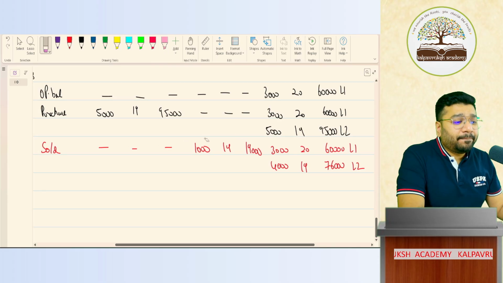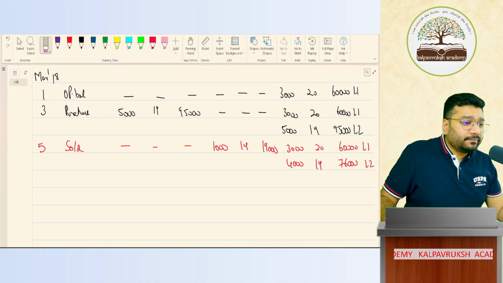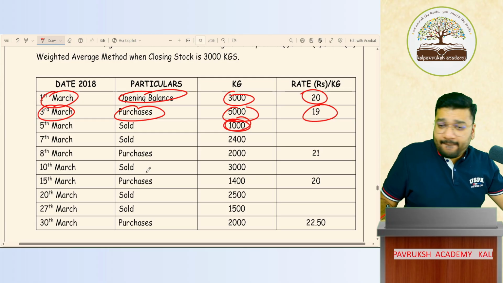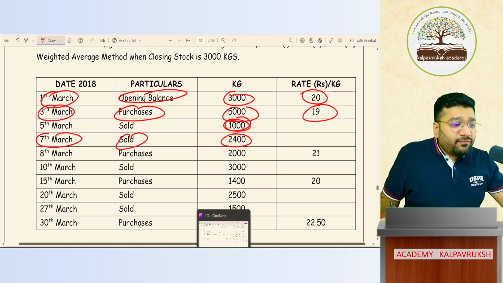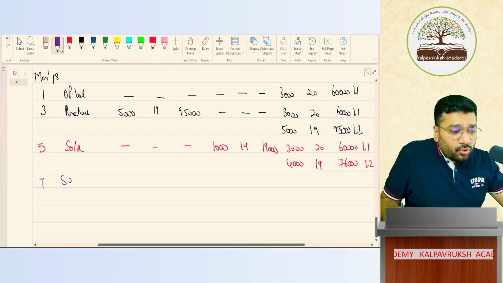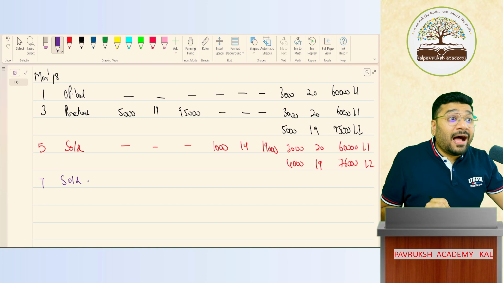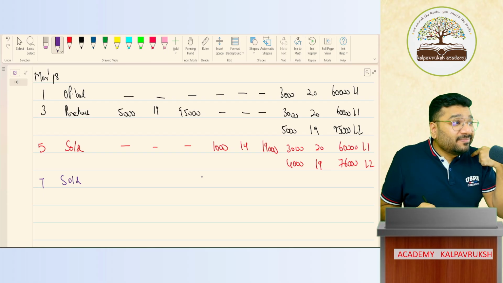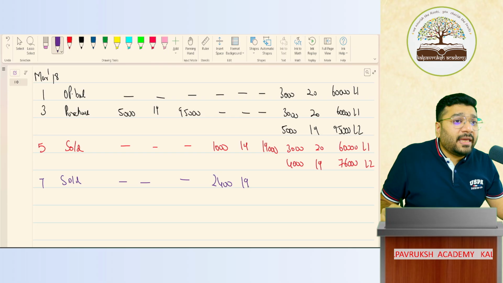Any big difficulty? Online people, any big difficulty? 7th March, sold 2,400 kg. I'll take from which lot, lot 1 or lot 2? It's LIFO. Last in. Lot 2 came last in. 4,000 kg is there. How much do I need? Just 2,400. So 2,400 is going from L2. 19 is the per kg cost.